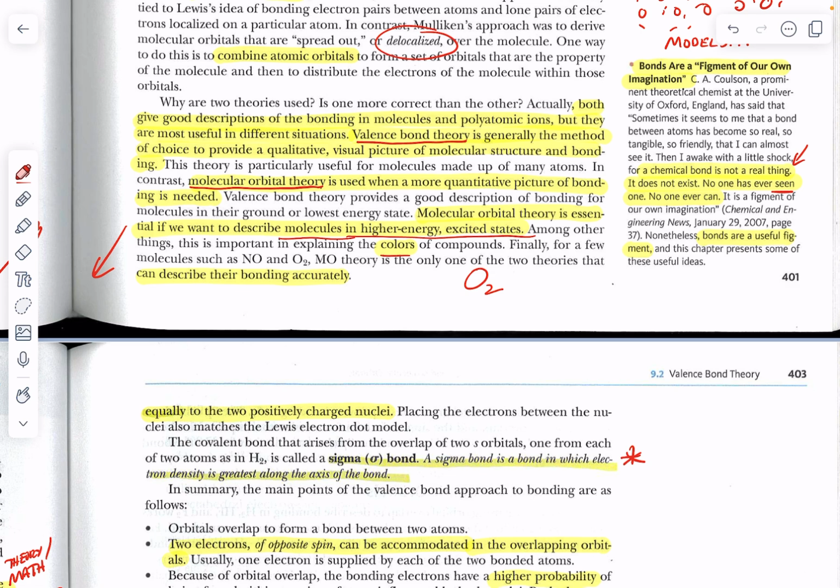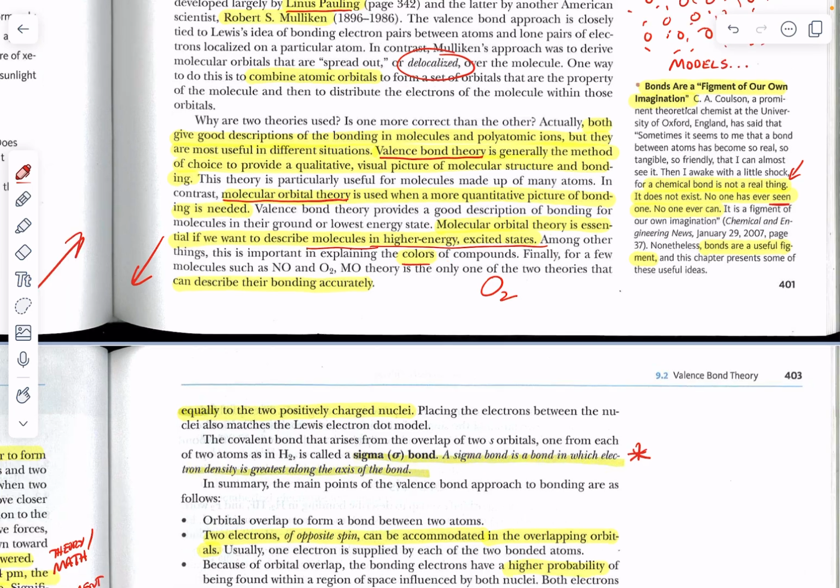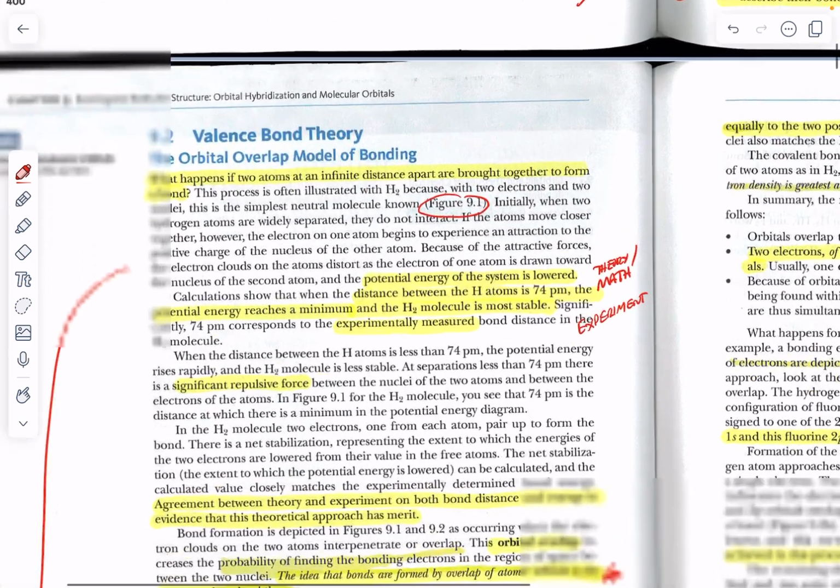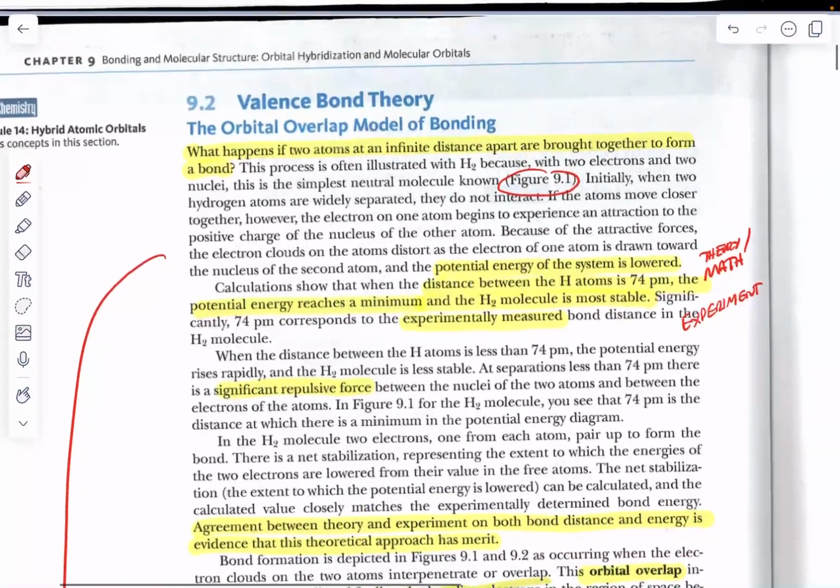And a lot of times we use computers to take the electromagnetic radiation that we can't see and give it a color so we can get some mental pictures of it. So let's dig in now with the valence bond theory.